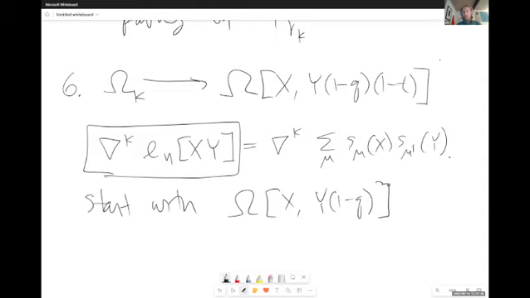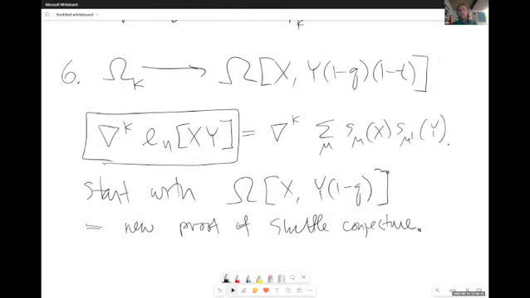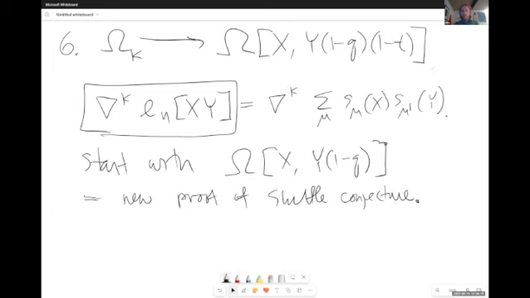So for the plethystic substitution in the t variables, you work with that formula and you do some combinatorics, you will get the formula for the usual shuffle conjecture. So not directly the compositional one, but the usual one.